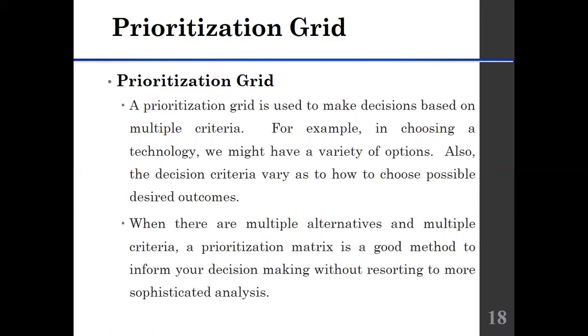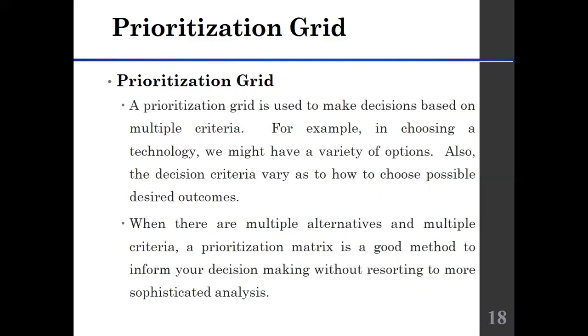The next and important one is the prioritization grid. A prioritization grid is used to make decisions based on multiple criteria. For example, in choosing a quality, we might have a variety of alternative options. Also, the decision criteria vary as to how to choose possible desired outcomes.